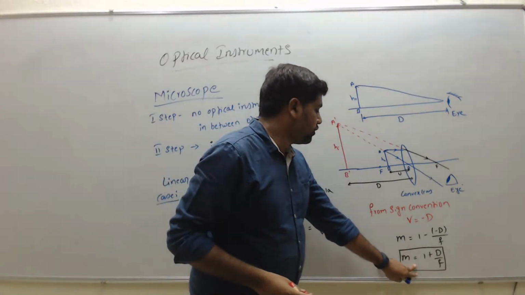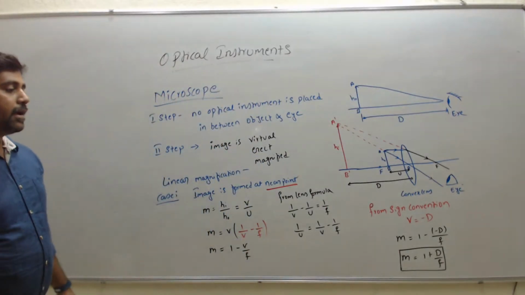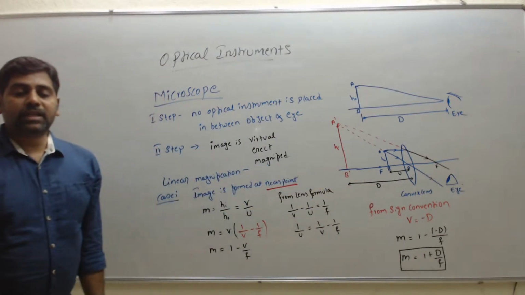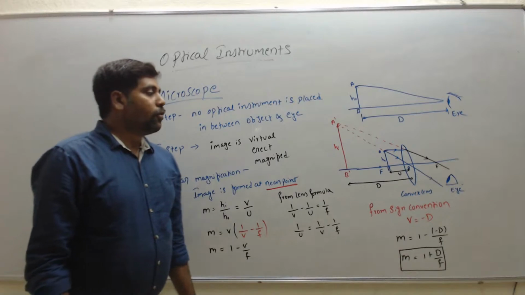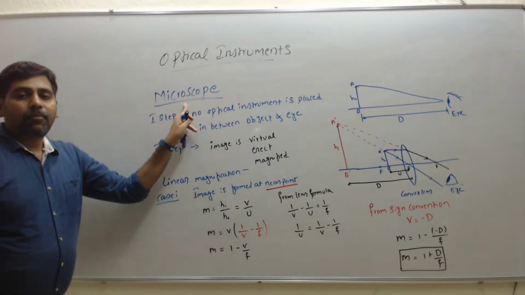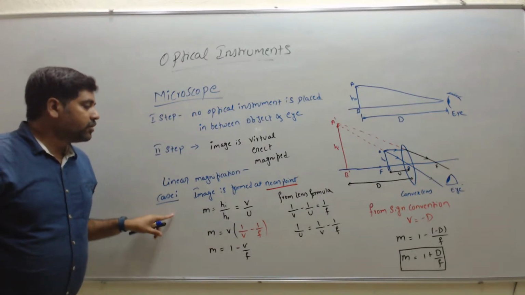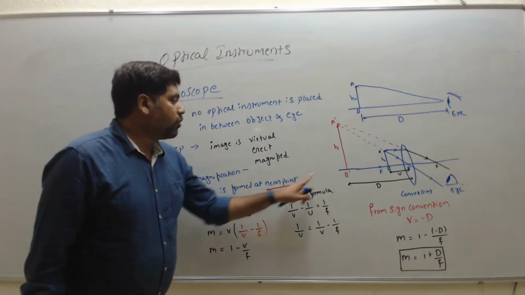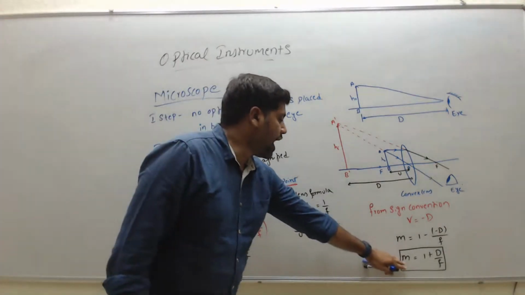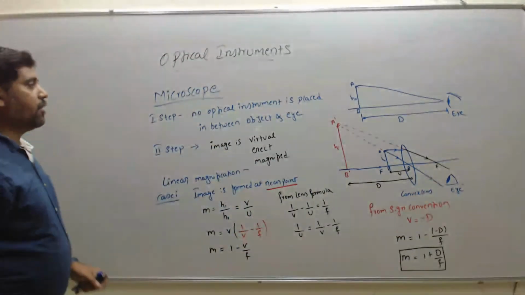We have to remember this formula: M equals 1 plus D by F, where D is the least distance of distinct vision and F is the focal length of the convex lens used in the microscope. So this is the first case. In the first case, the image is formed at the near point, and the magnification M equals 1 plus D by F.